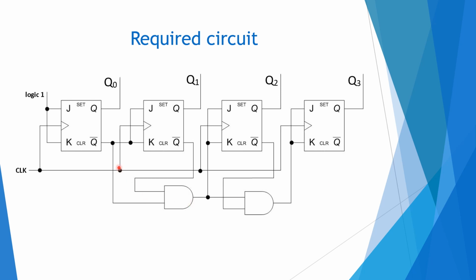So here you can see I have put J0 K0 equal to 1, J1 K1 equal to Q0 bar, J2 K2 equal to Q1 bar Q0 bar, and here it is Q2 bar Q1 bar Q0 bar. So this is the required circuit. Again, you can see the clock is given to all the flip-flops simultaneously. So this is the design of the mode 16 down synchronous counter.